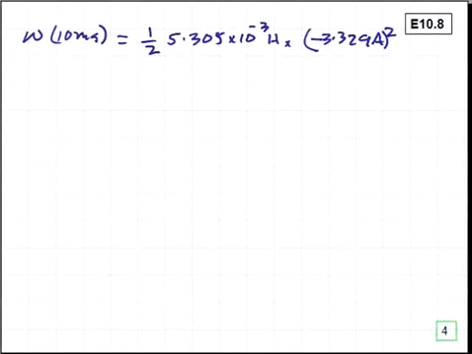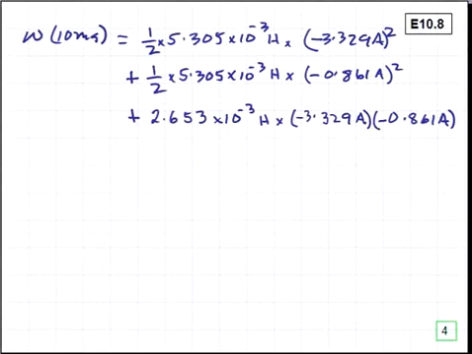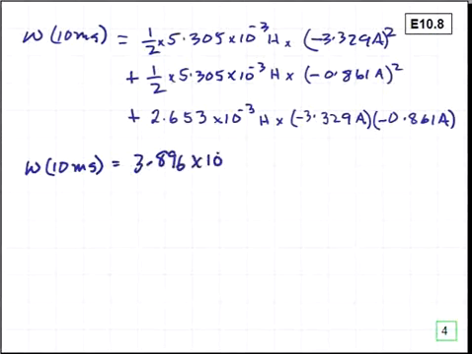Then we'll have the energy stored in inductor L2, and finally we'll have again the positive addition of the mutual inductance energy. And when we do the math, we have that the energy stored in this inductor system at 10 milliseconds is equal to 3.896 times 10 to the minus 2 joules, which is equal to 39 millijoules.